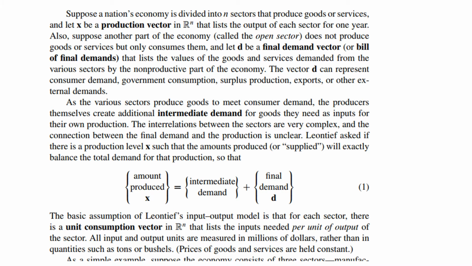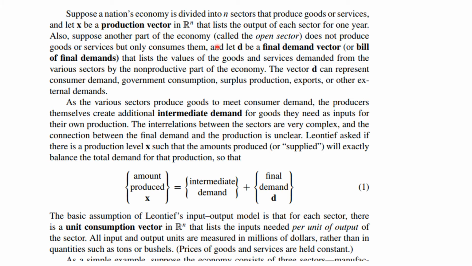Okay, so now finally we're going to talk about his model. Suppose a nation's economy is divided into N sectors that produce goods or services, and we're going to let X be a production vector that lists the output of each economic sector for 1 year.